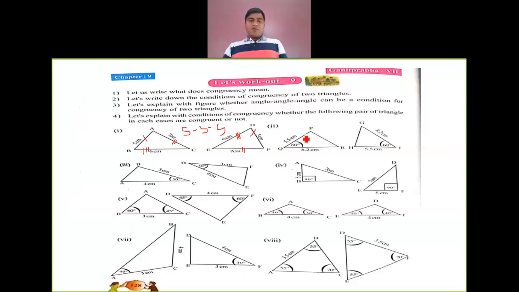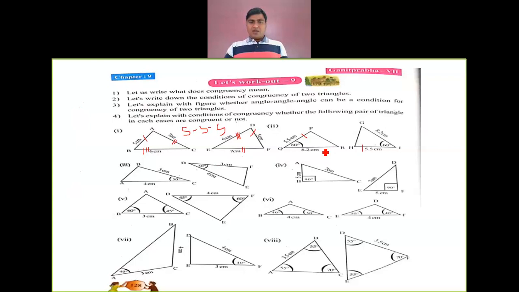Two triangles are given, PQR and GHI. In triangle PQR, PQ equals 5.5 centimeter, and in triangle GHI, HI equals 5.5 centimeter. So the length of PQ equals the length of HI, and the length of QR is 8.2 and the length of GI is 8.2.